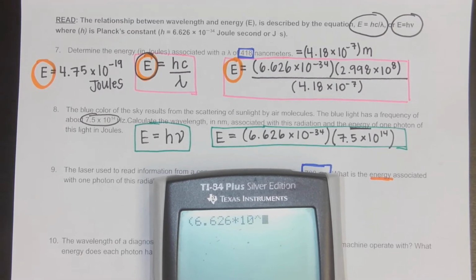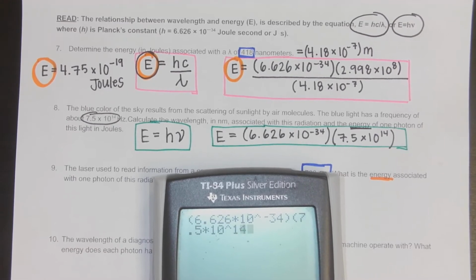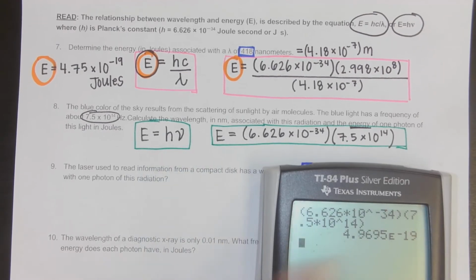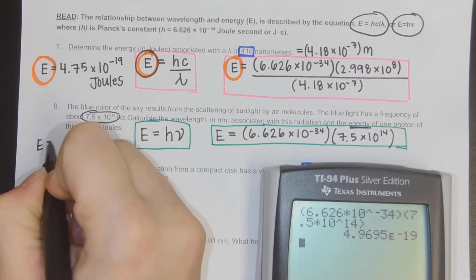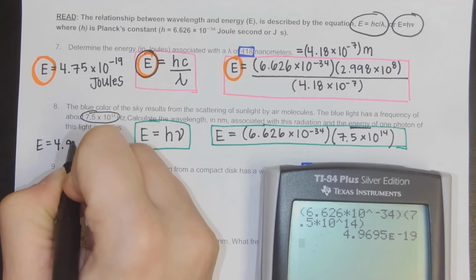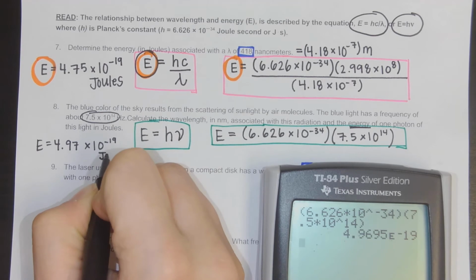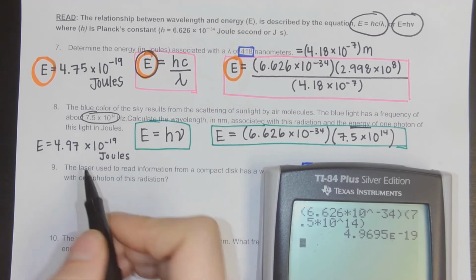6.626 times 10 to the negative 34 times 7.5 times 10 to the 14th power equals 4.97. I'm going to round that over. Energy equals 4.97 times 10 to the negative 19 joules.